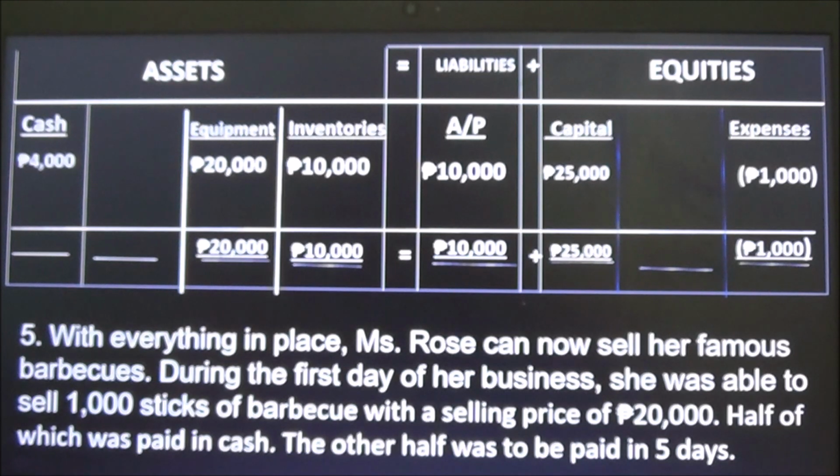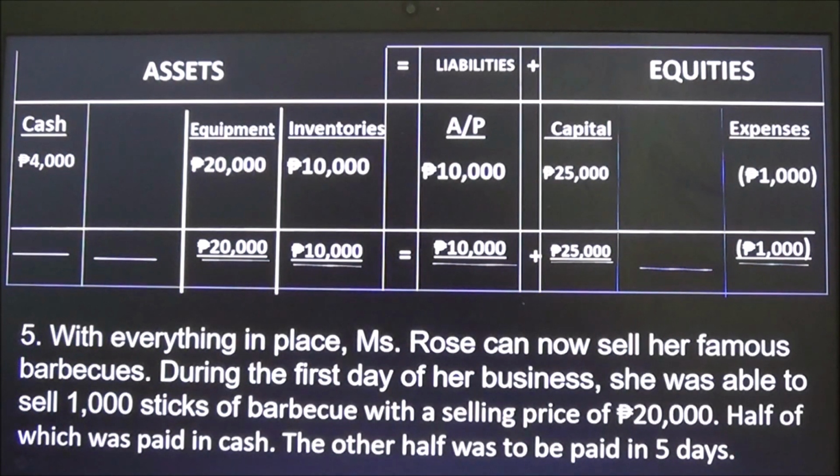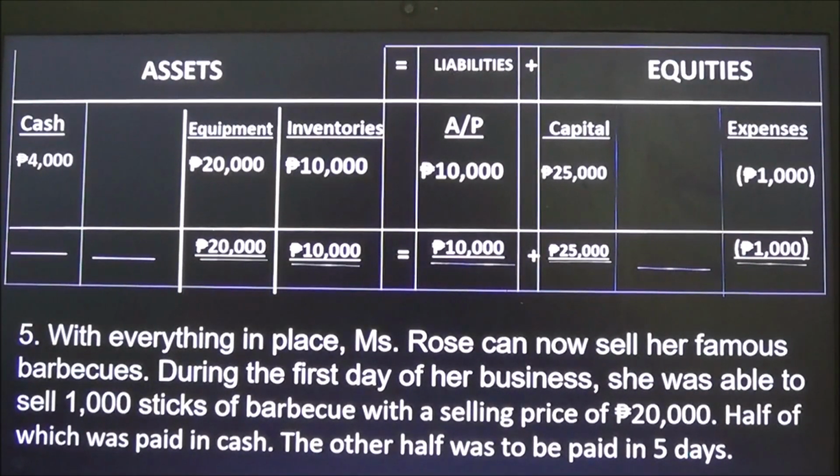So based on our transaction, what accounts will be affected? Half of which was paid in cash, so half of 20,000 is 10,000. And half of it was to be paid in 5 days. So it means that Miss Rose has an account receivable to be paid in 5 days.